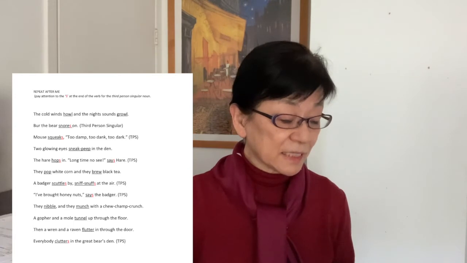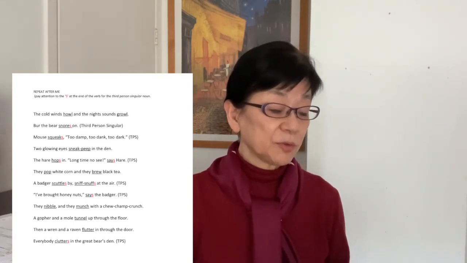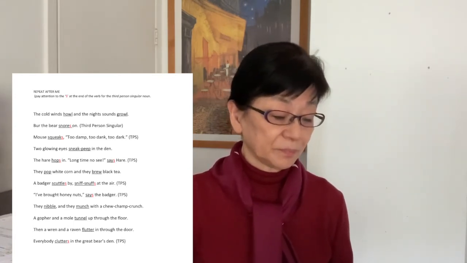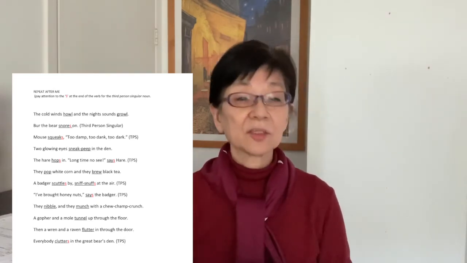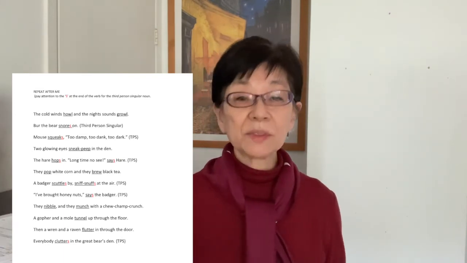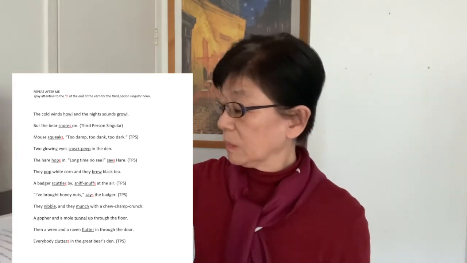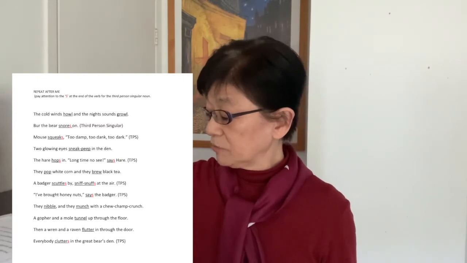Mouse squeaks. Too damp, too dank, too dark. Mouse is a third person singular. So look at the board. All the verbs with S in red are something you have to watch out for. If you're going to use I, you, we, they, you don't need S. I swim, you swim, we swim, they swim. I eat, you eat, we eat, they eat.